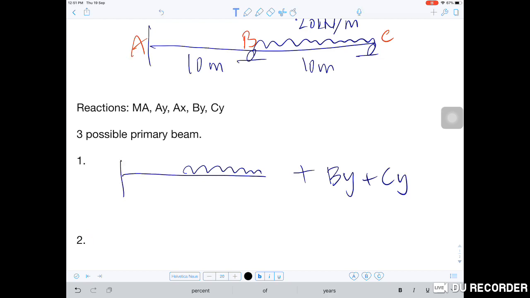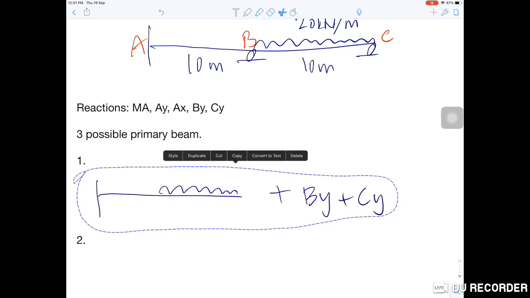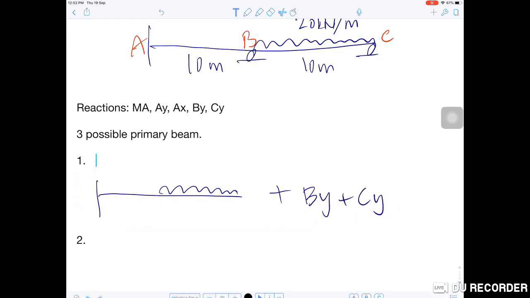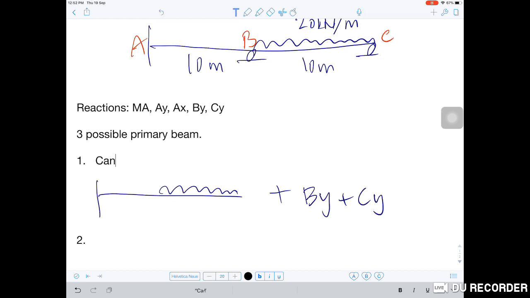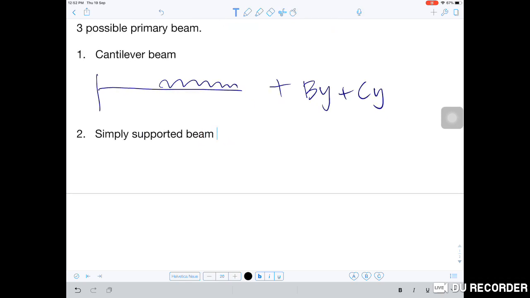Number 2, we have this one. It is a cantilever beam. Number 2, we have a simply supported beam like this.